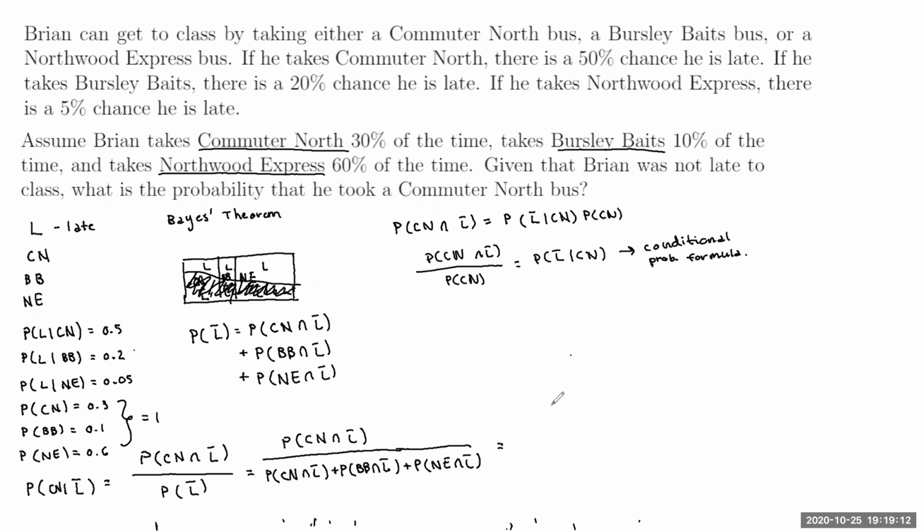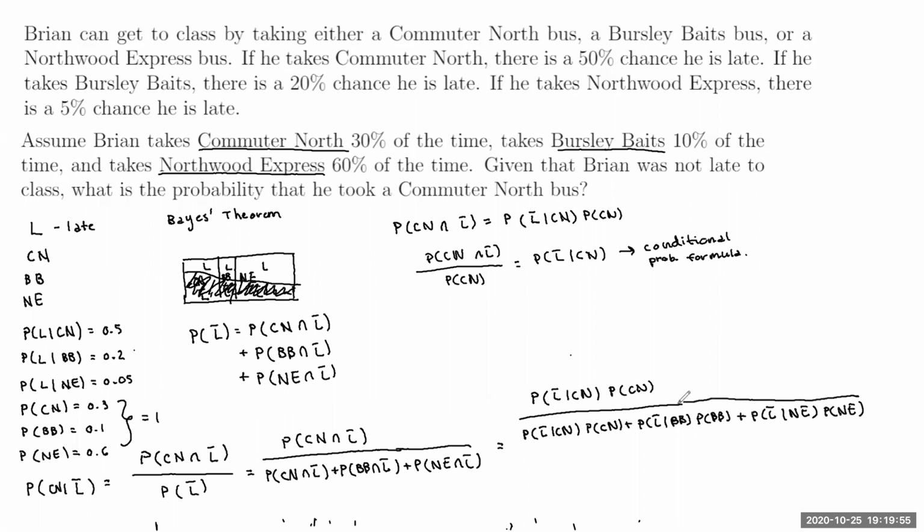So from here, we can say that this is equal to the probability of L complement given Cn times the probability of Cn, and then we can split each of those bottom ones up in the same way. So we would have L complement given Cn times the probability of Cn, plus the probability of L complement given BB times the probability of BB, plus the probability of L complement given Northwood Express times the probability of Northwood Express.